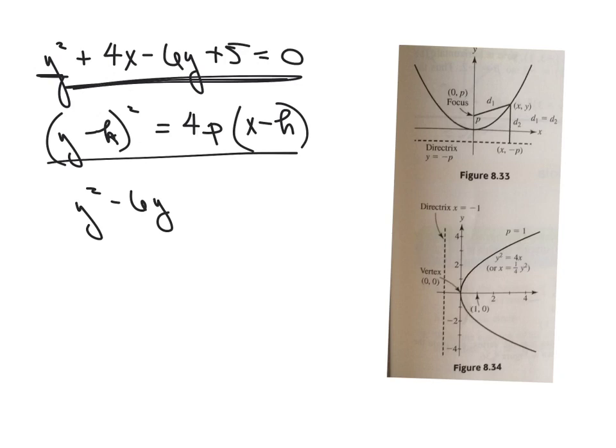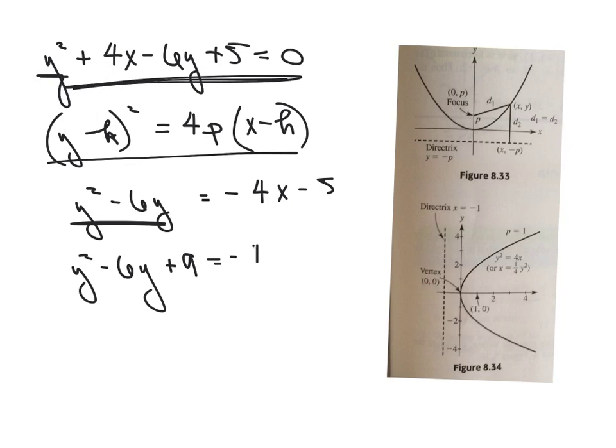And we don't have any x squared or anything, so we don't even want anything over there. So we're going to take everything else and put it on the other side. Okay, so we're just going to complete the square on this one. Half of 6 is 3, squared is 9. So we're going to add 9 to both sides. So -5 plus 9 is actually a plus 4.